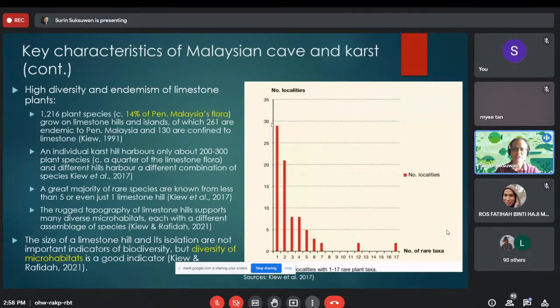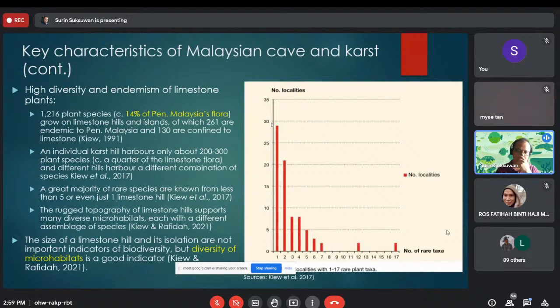So there have been studies done by Dr. Rusea and a team on this. And you can see in the chart on the right the number of plant species on the x-axis, and then the number of hills on the y-axis.